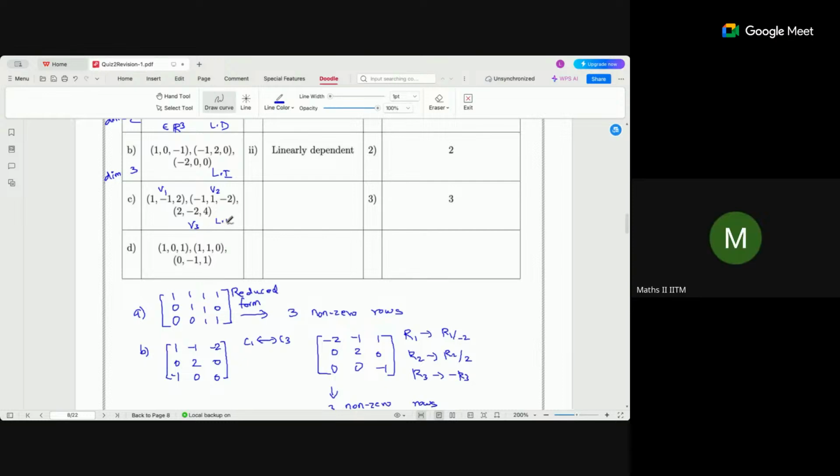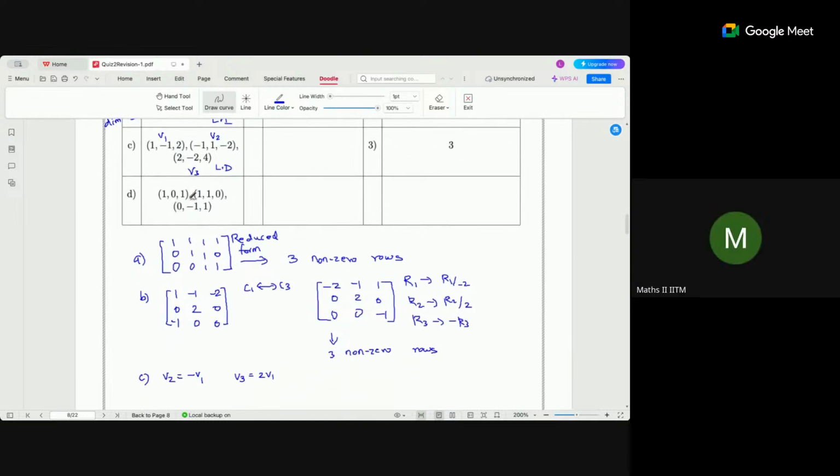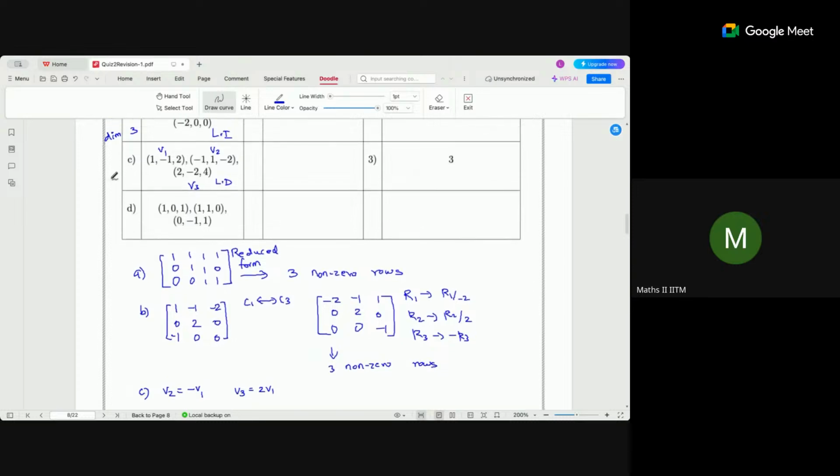Dependent. Okay, so now what is the dimension? 1, because all are multiples of only one vector. So it is linearly dependent and the dimension is 1. Why the dimension is 1 is clear, right? Because the other two vectors are both multiples of the same vector.